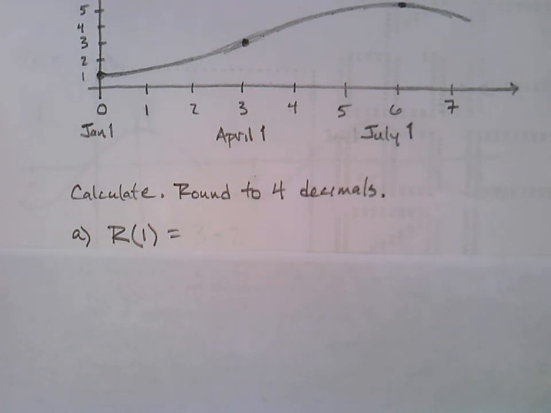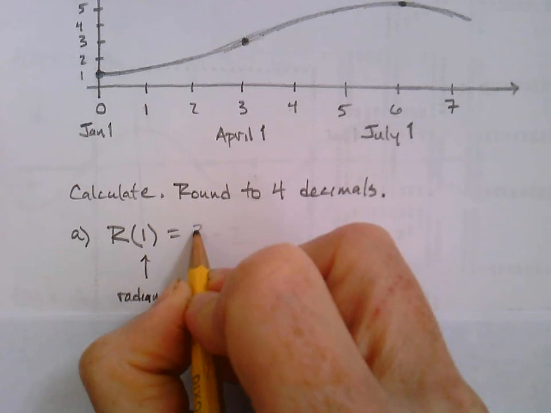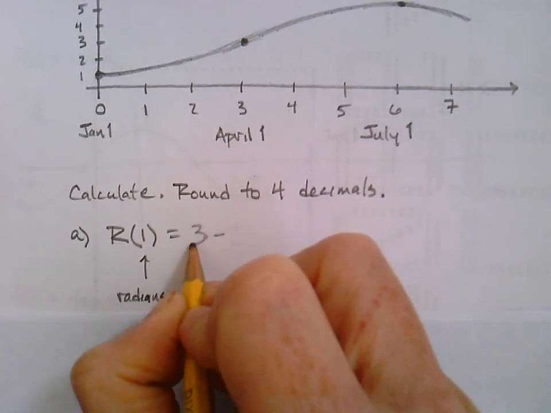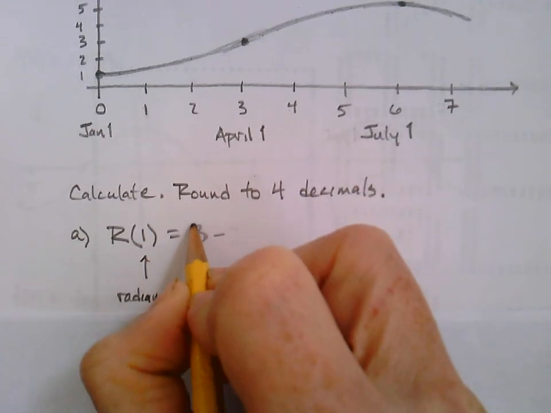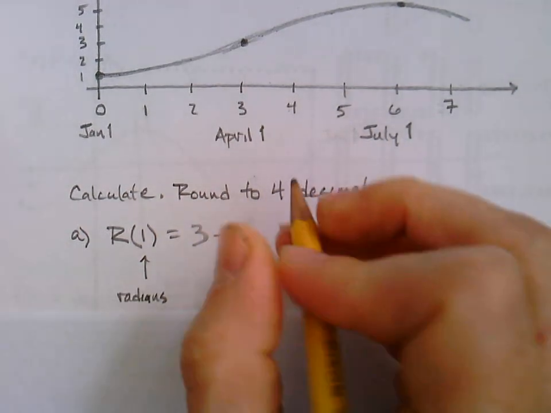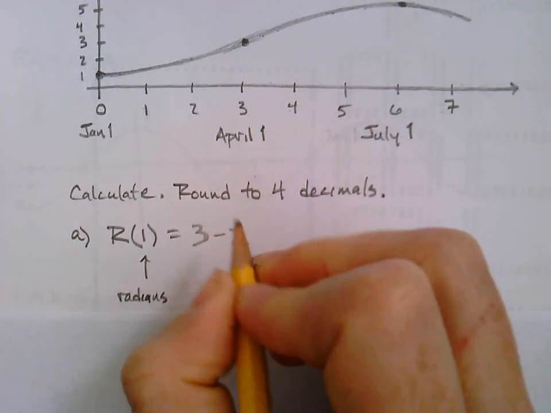So we're asked to calculate R of 1, and of course, I've said it a million times, the 1 is a radian, so you want to make sure you're in radian mode. So I'll write this out. My pencil's a little bit light today for some reason.